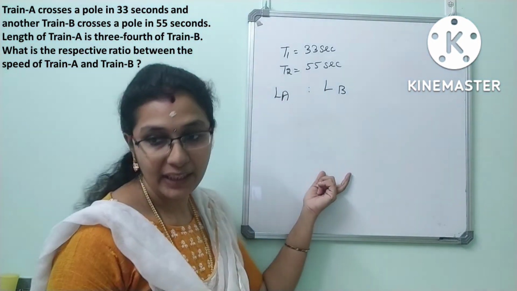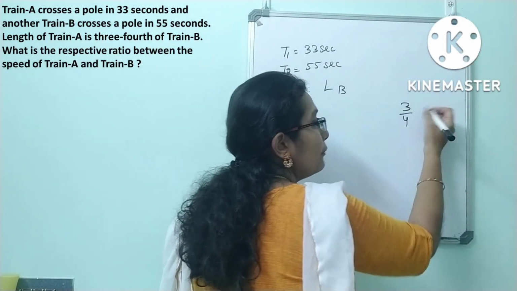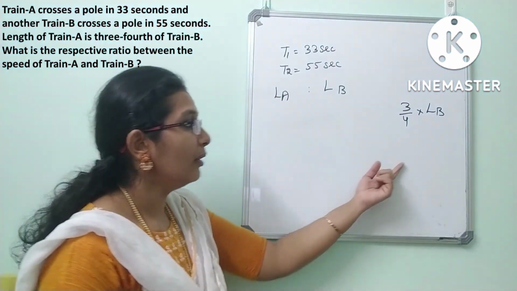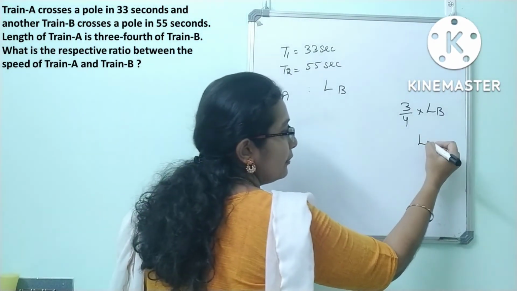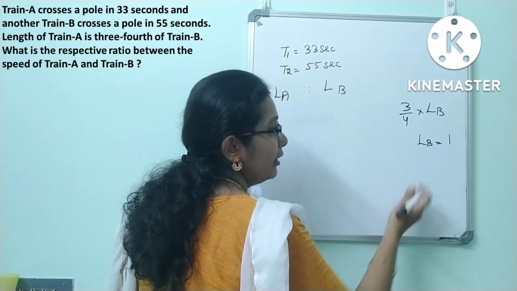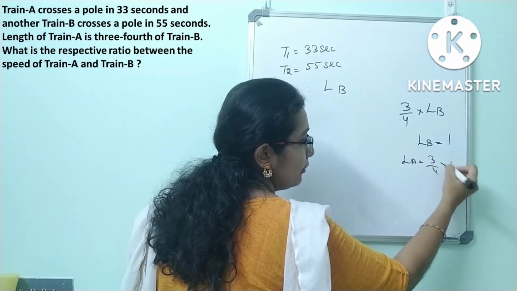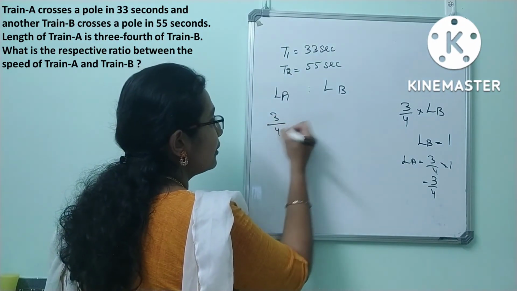So the length of train A is 3/4 of the length of train B. Correct? So how will you write it here? If the length of train B is 1, your length of train A will be 3/4 into 1, which is equal to 3/4. Correct? So just write down as such.